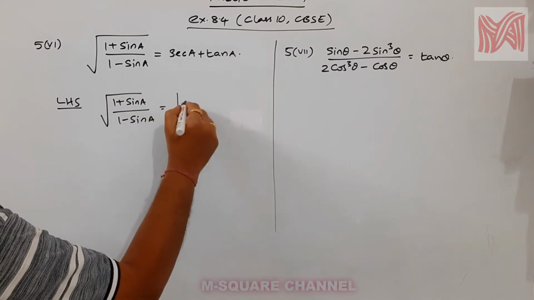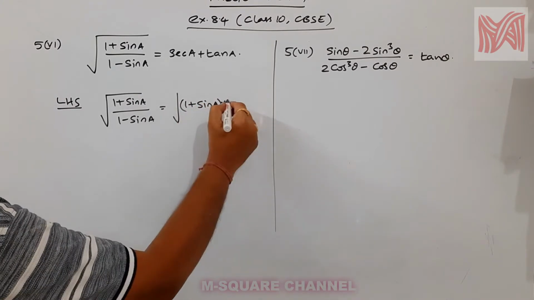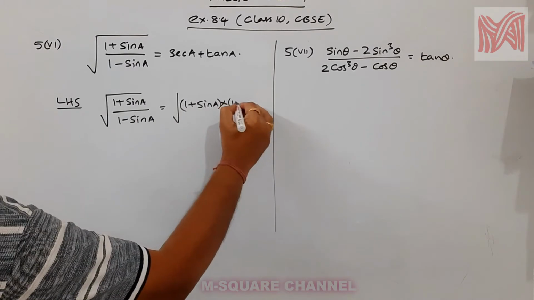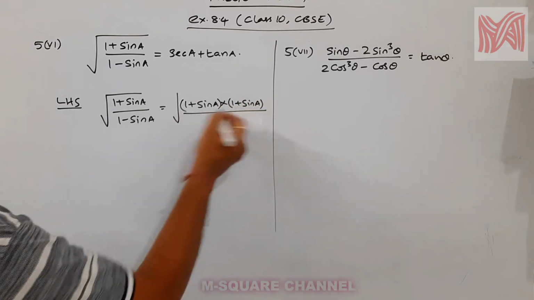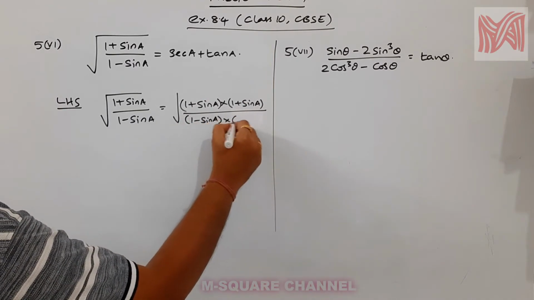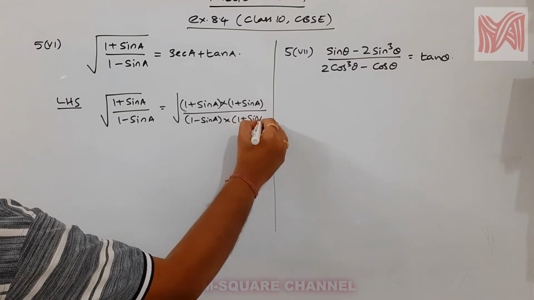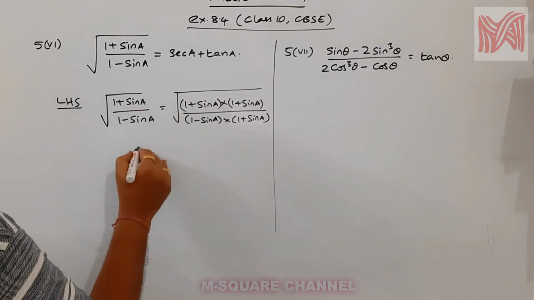This one is rationalizing or divided, and 1 plus sin A is multiplied and divided by 1 plus sin A, because we want to remove this square root.